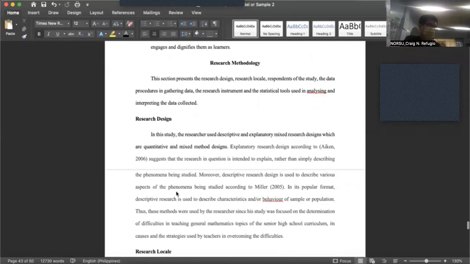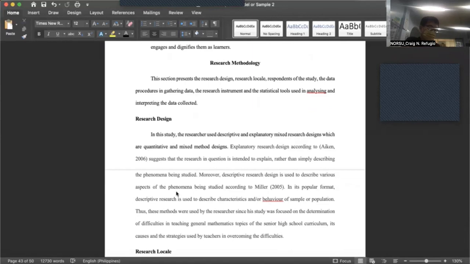So I mentioned in here, in this study, the researcher used descriptive and explanatory mixed research design, which are quantitative and mixed method designs. Explanatory research design, according to ICANN, suggests that the research in question is intended to explain.